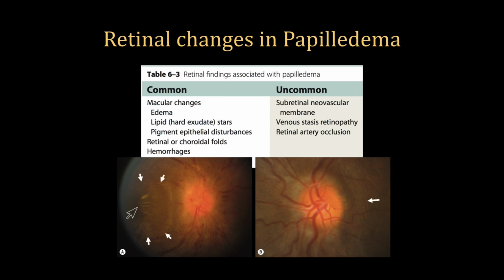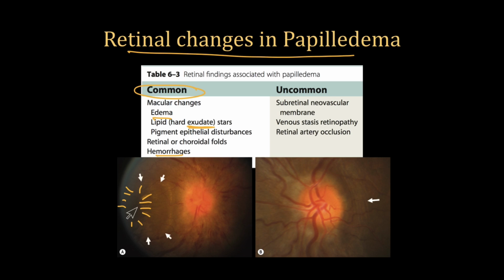Okay, what are the various retinal changes associated with papilledema? Very commonly you can find some macular changes, such as macular exudates, which spread in the form of a star called the macular star, macular edema, and macular hemorrhages.